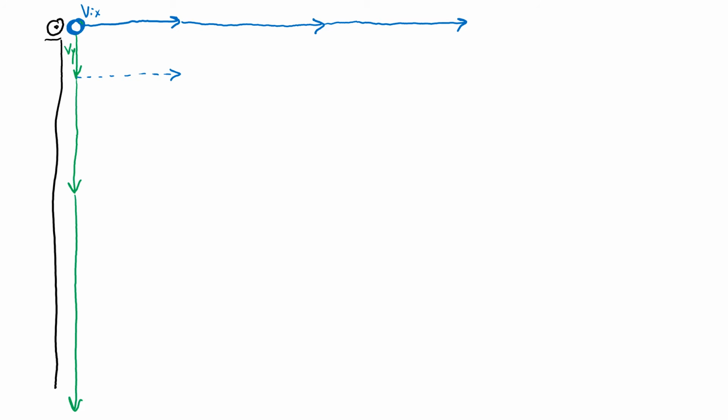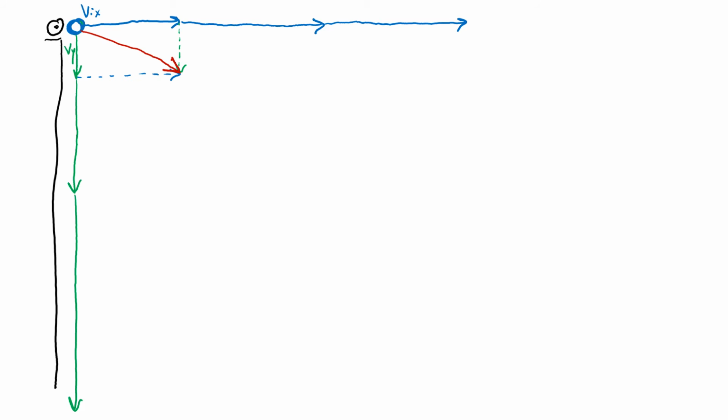And then you could redraw your vertical vector if you wanted. This is like the parallelogram method there. And then you draw your resultant vector going from start to finish. So that's for the first part of our trajectory.